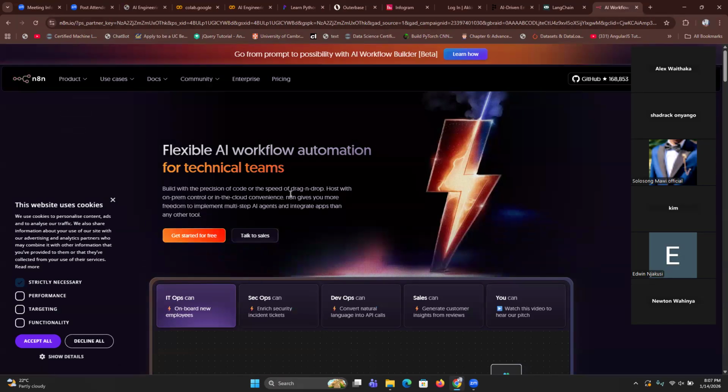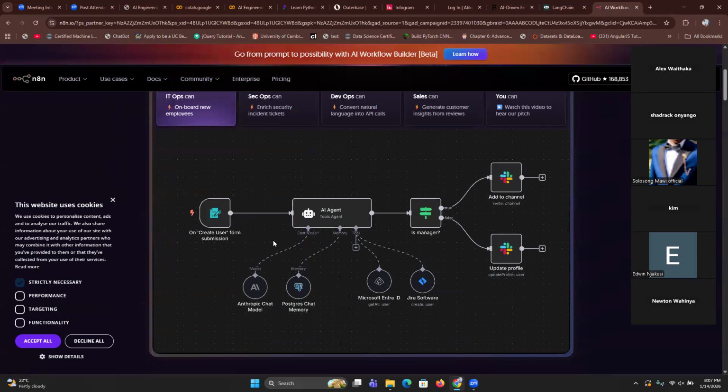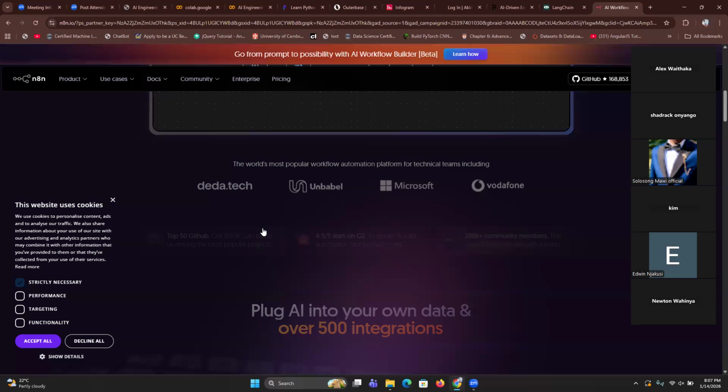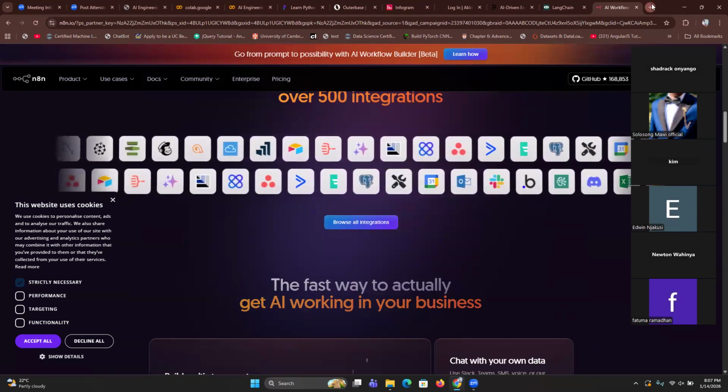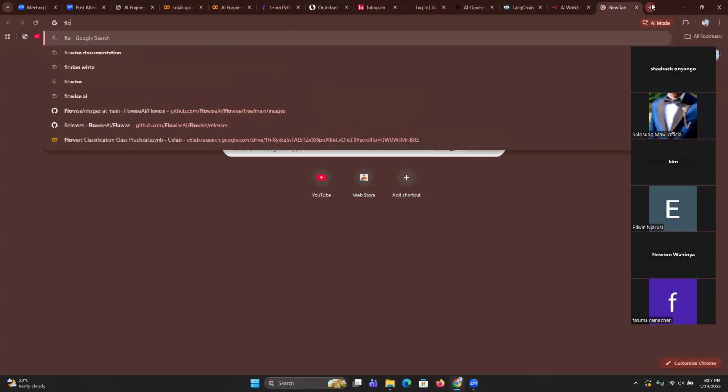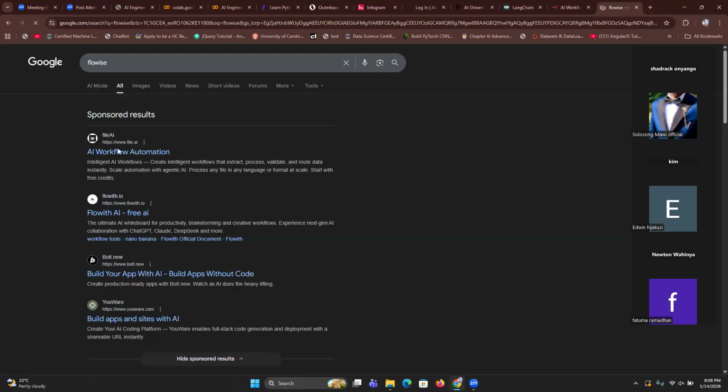Yeah, this one here is very, very popular. You just need to drag and drop to show the AI what it needs to do. Okay, so it's very popular. There's another one I was even researching more about called Flowise. I think Flowise, this one here. So there's also another AI workflow.